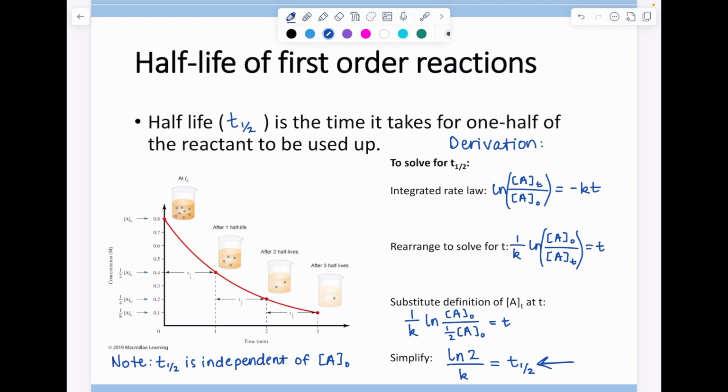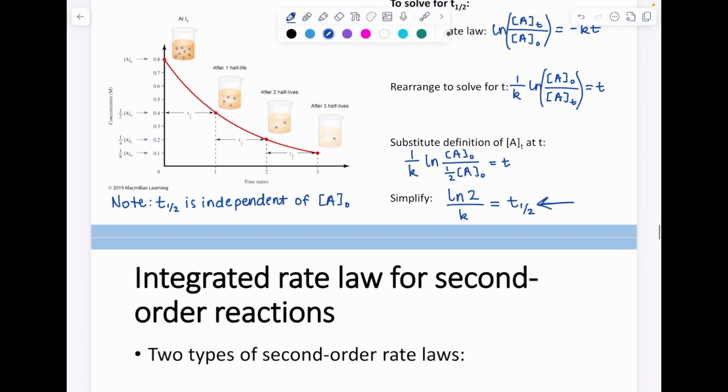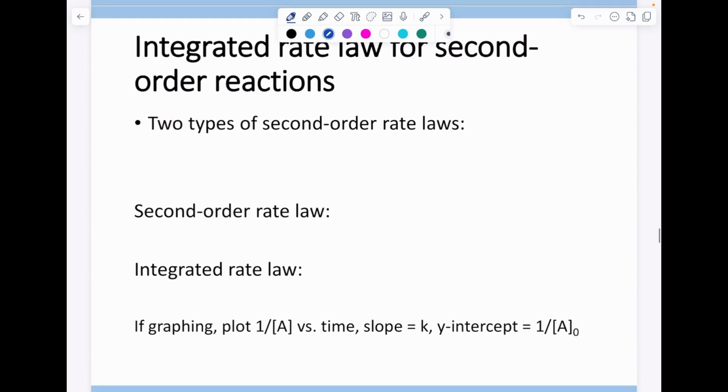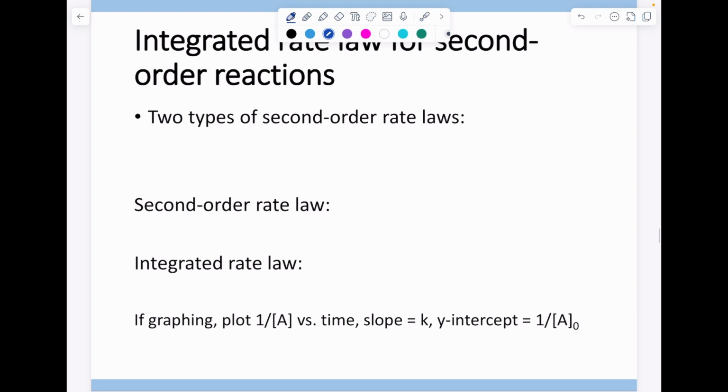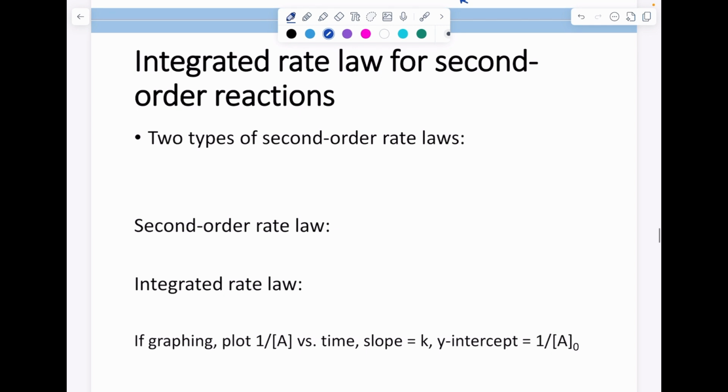Okay, so we've talked about the integrated rate law for first-order reactions and half-life for first-order reactions. Let's talk about second-order reactions. We could have 2 types of second-order rate laws. It could be a situation where there is one reactant, but the reaction is second-order with respect to that single reactant.